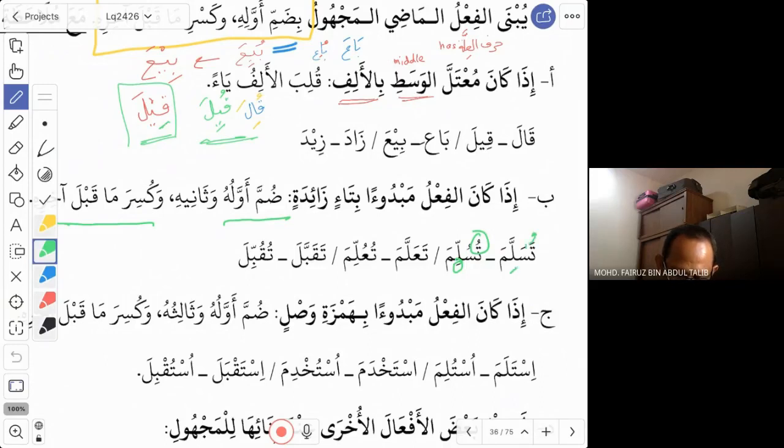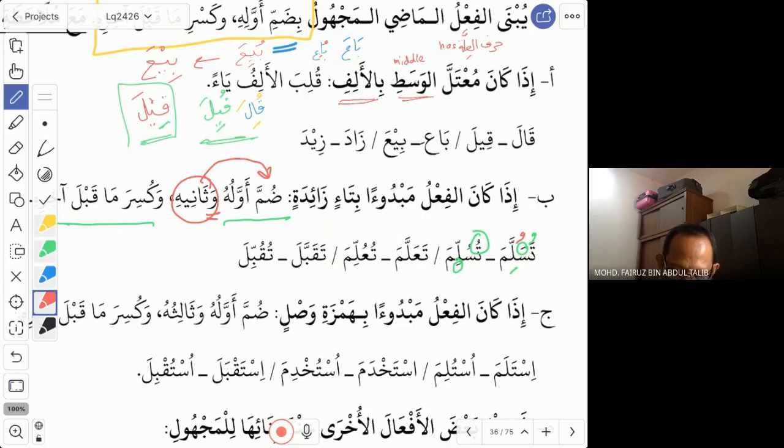But what about the second letter? Here they just say awsatuhu is also dhamma. Because of this wa, it is connected. So you change to a dhamma for both the first and the second. Therefore, you don't say tusalima, you change this to a dhamma as well.